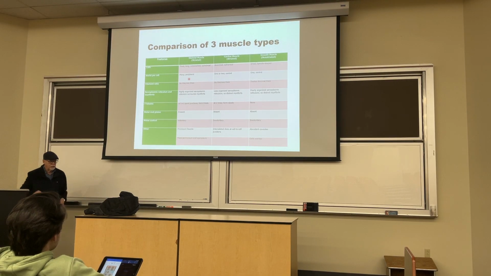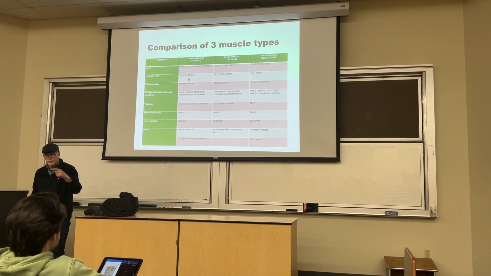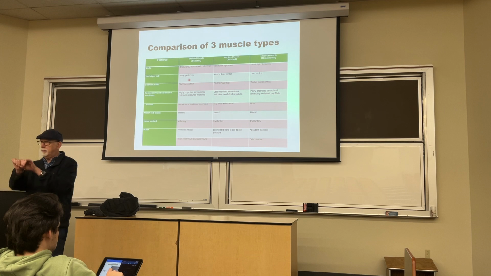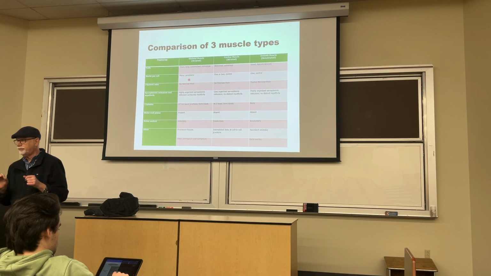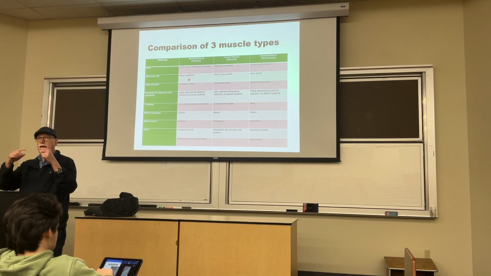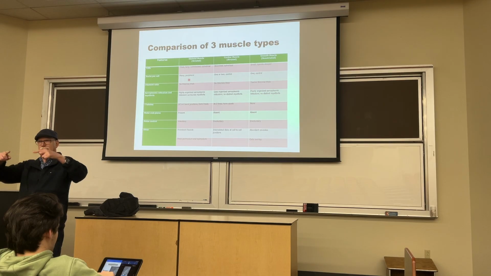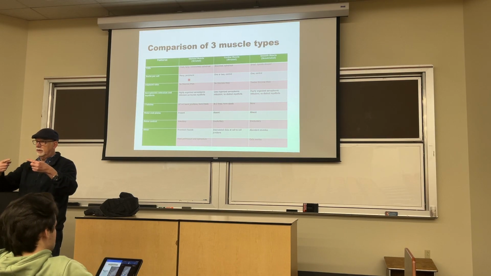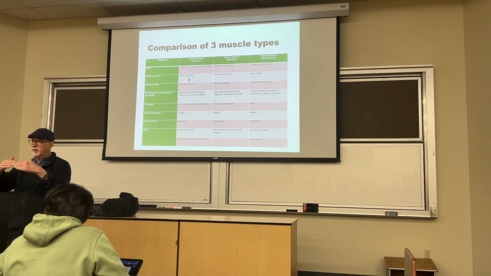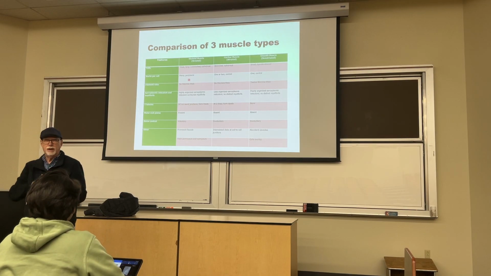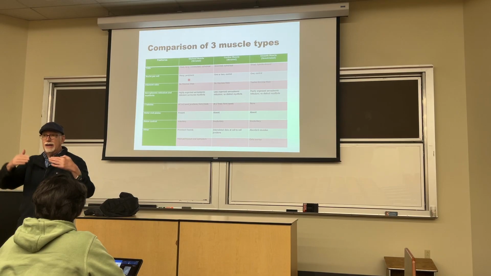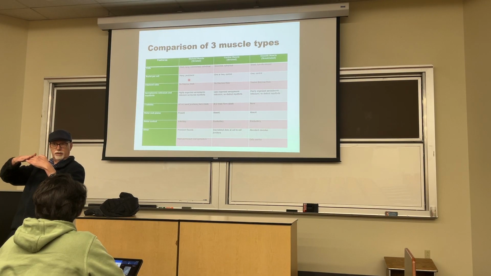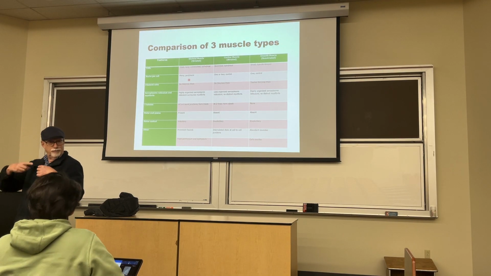In skeletal muscle, if you think of a cylinder, like a cardboard paper towel tube, the skeletal muscles kind of look like a cylinder, and all of their nuclei are on the outer edge, right underneath the sarcolemma, the plasma membrane. We sometimes call that hypolemmal. It just means it's right under the membrane. In other words, they're not in the center of the cylinder, they're on the edge of the cylinder.